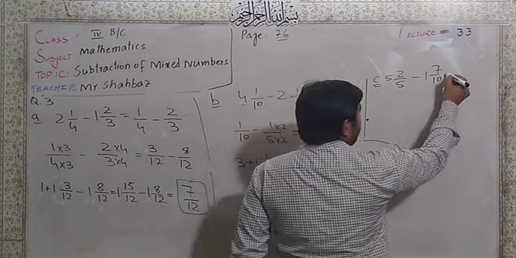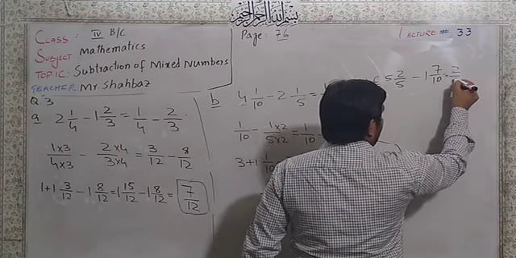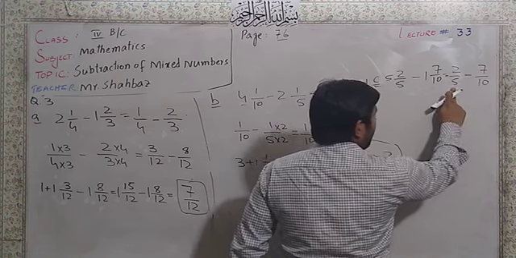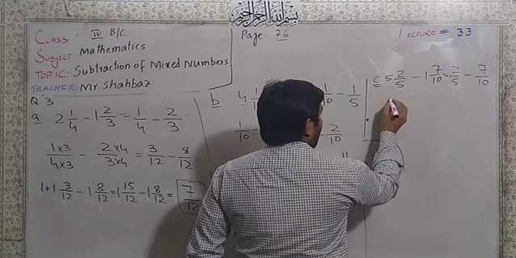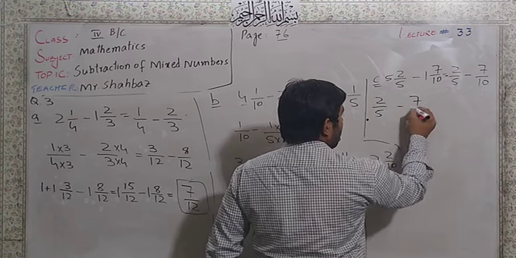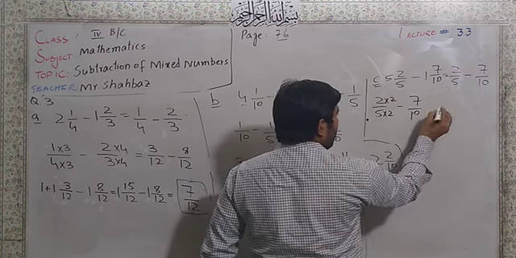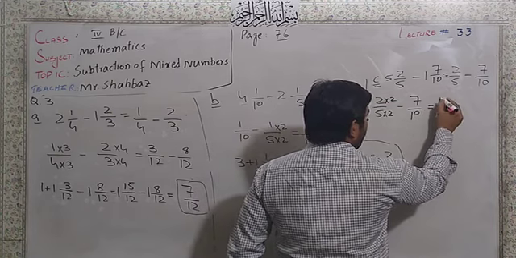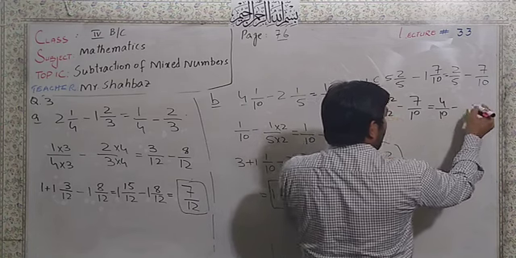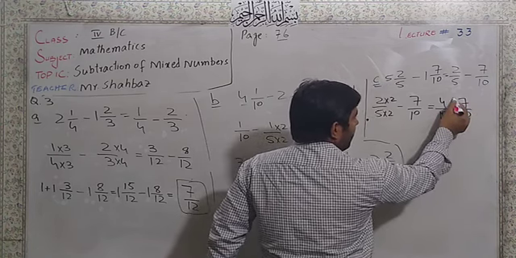You will take the fraction 2 over 5 minus 7 over 10. We'll make this 5 into 10. How will we make this? 2 over 5 minus 7 over 10. Multiply this with 2, this also 2. 2 twos are 4 over 10 minus 7 over 10. Again you can see that this is smaller.